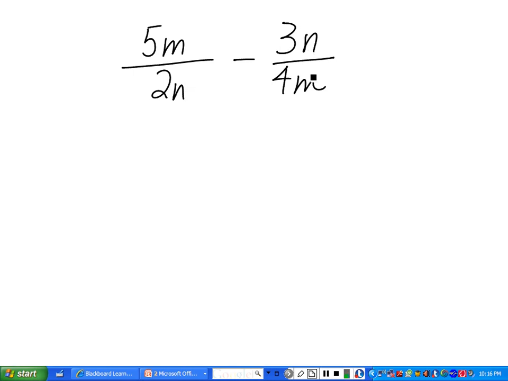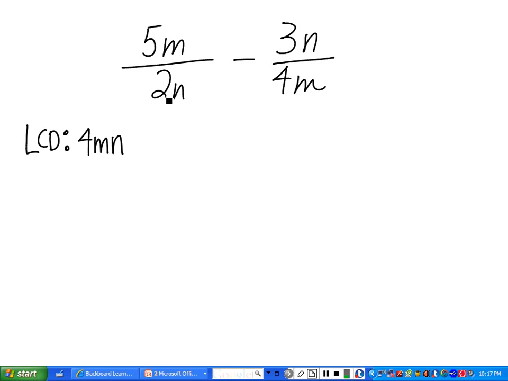So all I need to do is figure out what I need on both sides so that my denominators are the same. So it looks as if my LCD is 4, because I can get both of these numbers to be 4, and I need an m on this left side and I need an n on the right side, and then both my denominators will be 4mn.